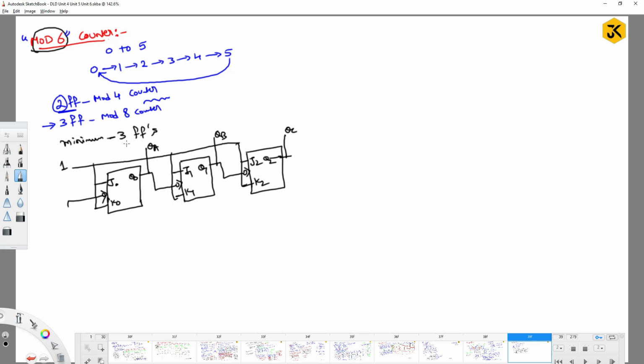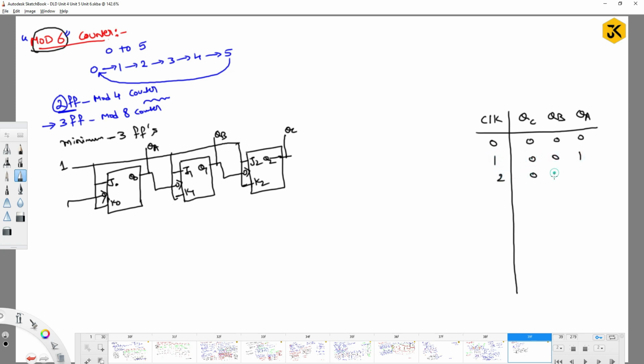What can we do, right? Guys, if you observe here, for the clock, I will write on the other side. If I have the clock and QC, QB and QA, and I draw the table for this: 0th clock signal, you are going to get the initial value 000, 1 is 001, 2 is 010, 3 is 011, 4 is 100, 5 is 101, 6 is 110, 7 is 111.